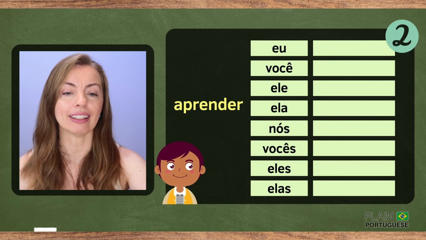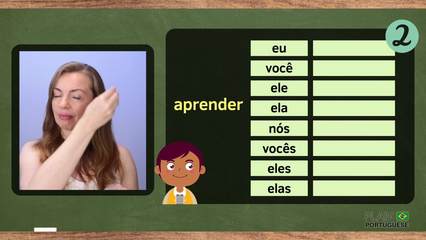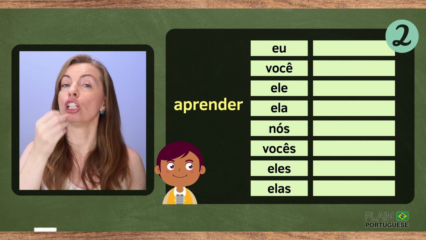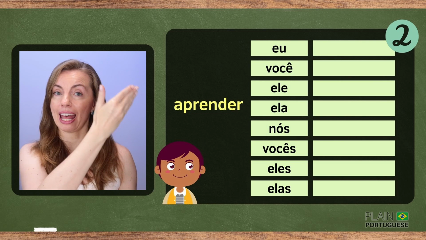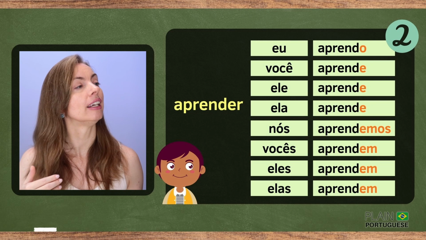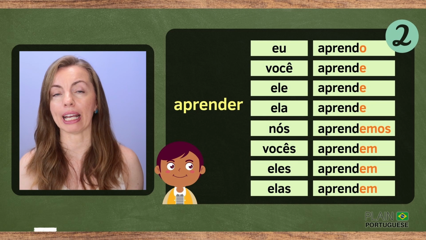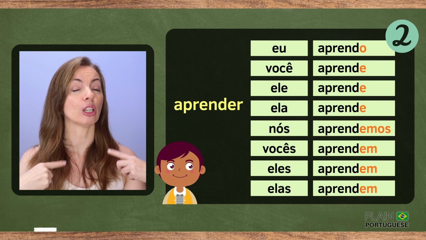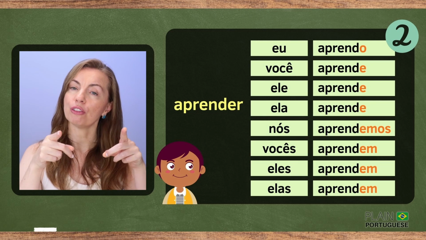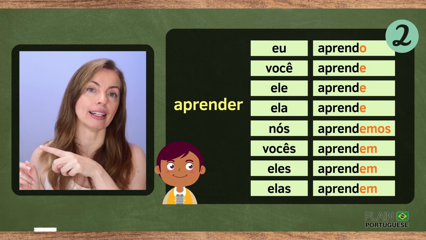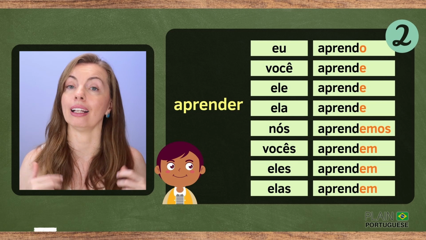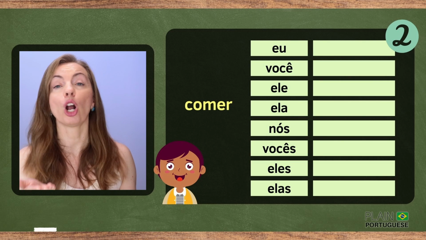How about ER ending verbs? Aprender, to learn. Drop the final ER and add these endings. Eu aprendo, você aprende, ele aprende, ela aprende, nós aprendemos, vocês aprendem, eles aprendem, elas aprendem. Another verb.